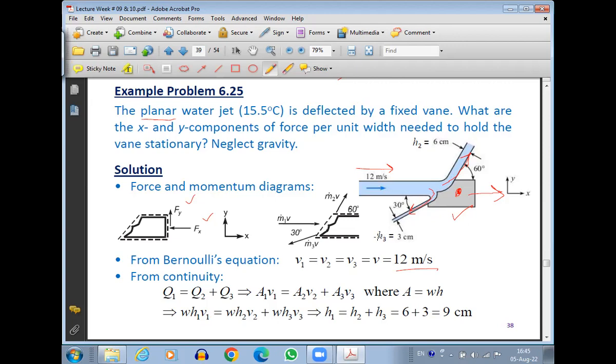Now when we apply the continuity equation, it says that mass flow rate is conserved: mass flow rate coming in equals mass flow rate going out. Here the mass flow rate coming in is m.1, and going out will be m.2 and m.3.